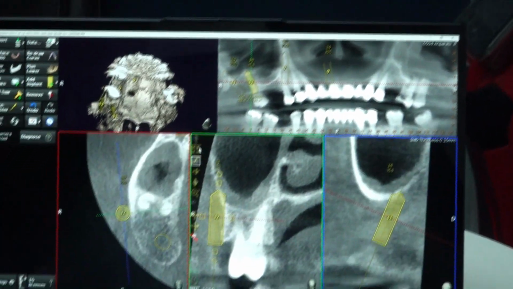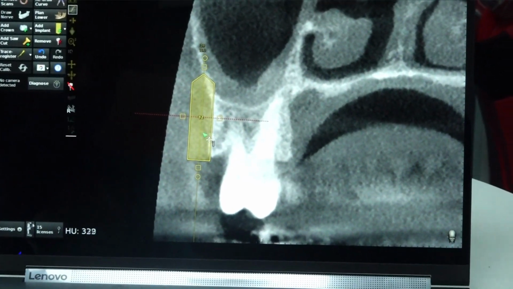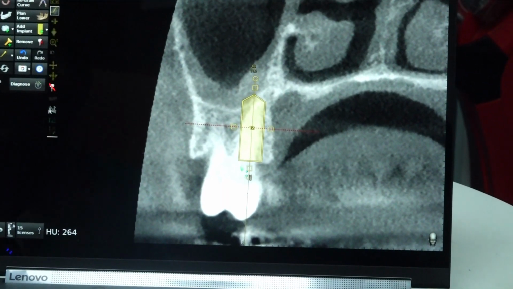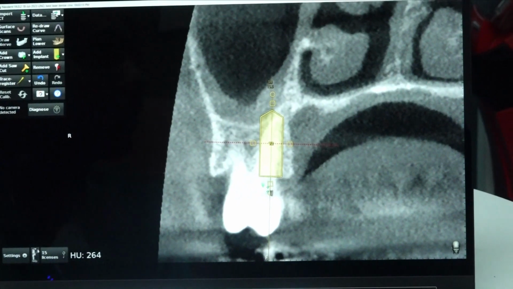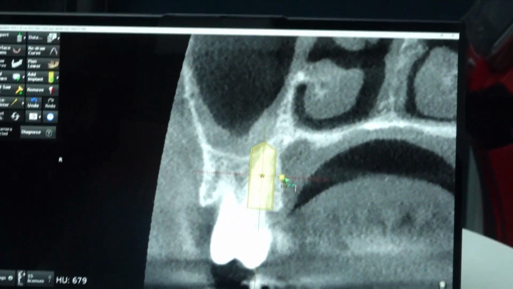See the palatal root. See, the palatal root is good, palatal socket is good. You can place a wide BCS, 5.5 BCS or wide compressive, 5.5, no? 5.5 compressive, you can place 5.5 by 10, it will work nicely.